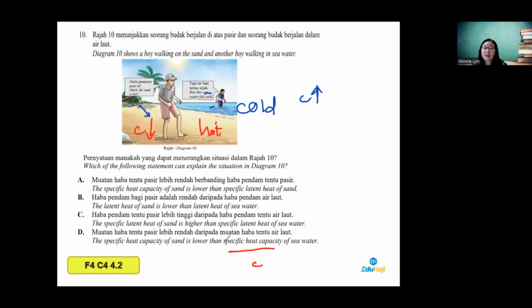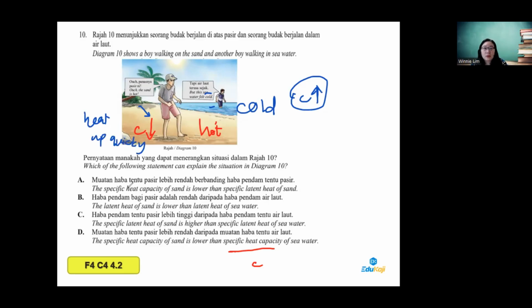The heat needed to increase the temperature of 1 kg of substance by 1 degree Celsius. So because for seawater the value is big, that means it needs to absorb a large amount of heat, then only it can increase its temperature. So if we compare to the sand, that's why sand will heat up quickly.